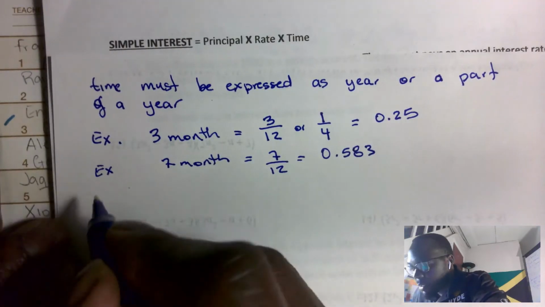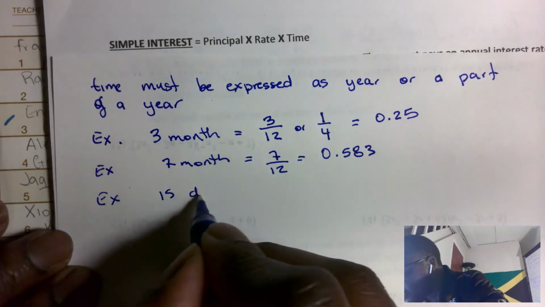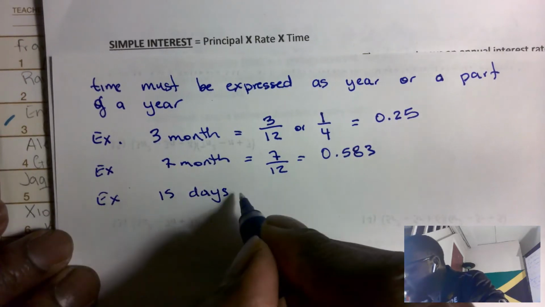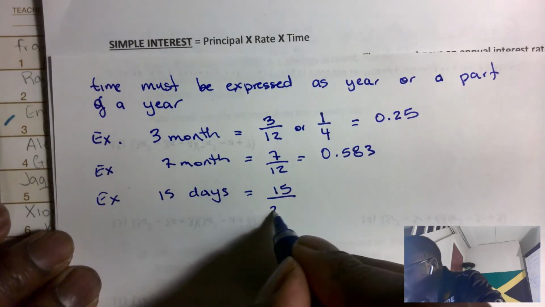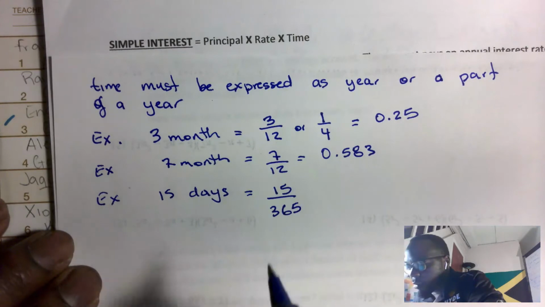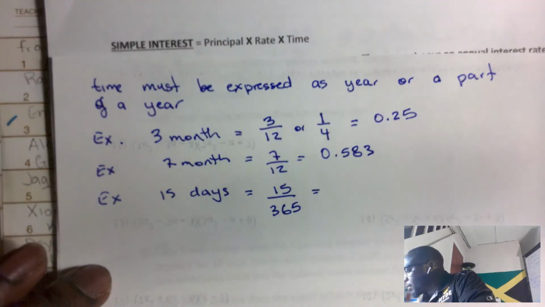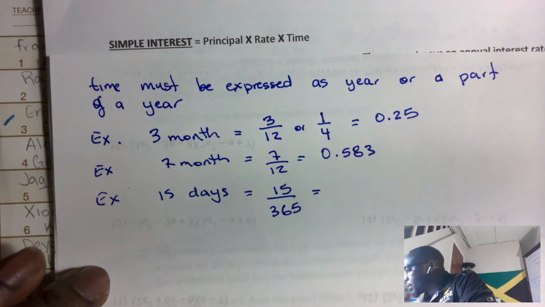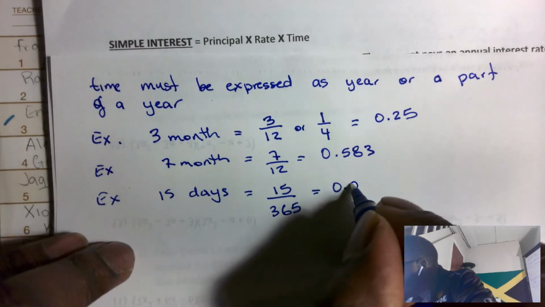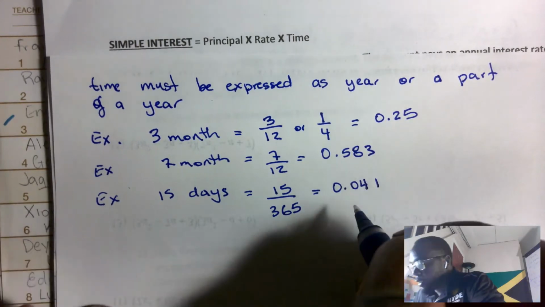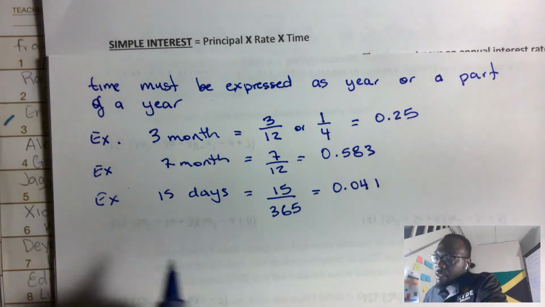Let's see if we have, for example, 15 days. How many days are there in a year? So we have 15 over 365, 365 days in a year. So 15 divided by 365 is going to give me 0.041, and it goes on and on. So this is how we have to express this.